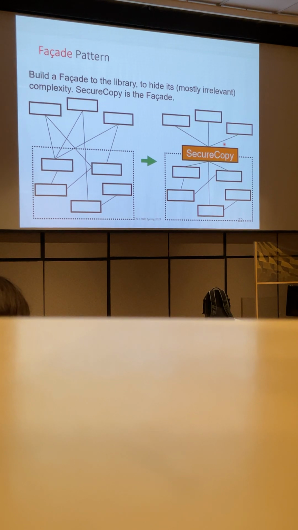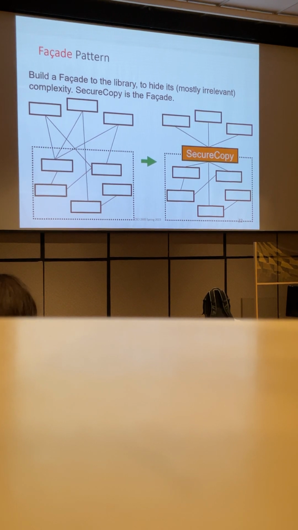But it is desirable in this case because the interaction of the client with our facade becomes much simpler. Basically, it's just a single entry point to this entire library. So for the client, things become very easy if they use our facade.